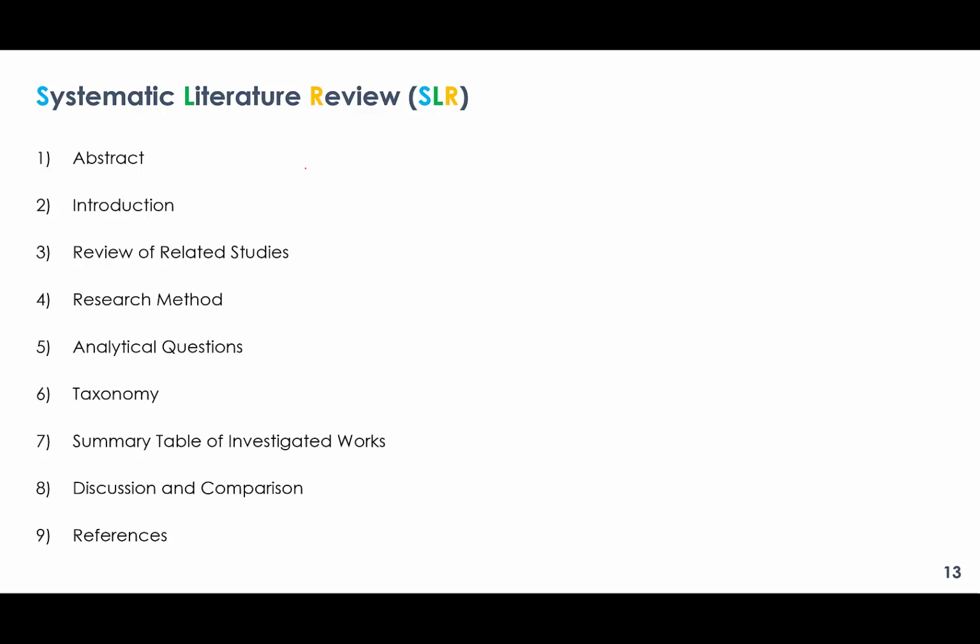For example, a technical taxonomy or summary tables are really important, because a review or survey that doesn't contain a summary table, I think, is not a high quality review. First of all is the abstract, and in the next minutes I will show you real accepted and published papers.